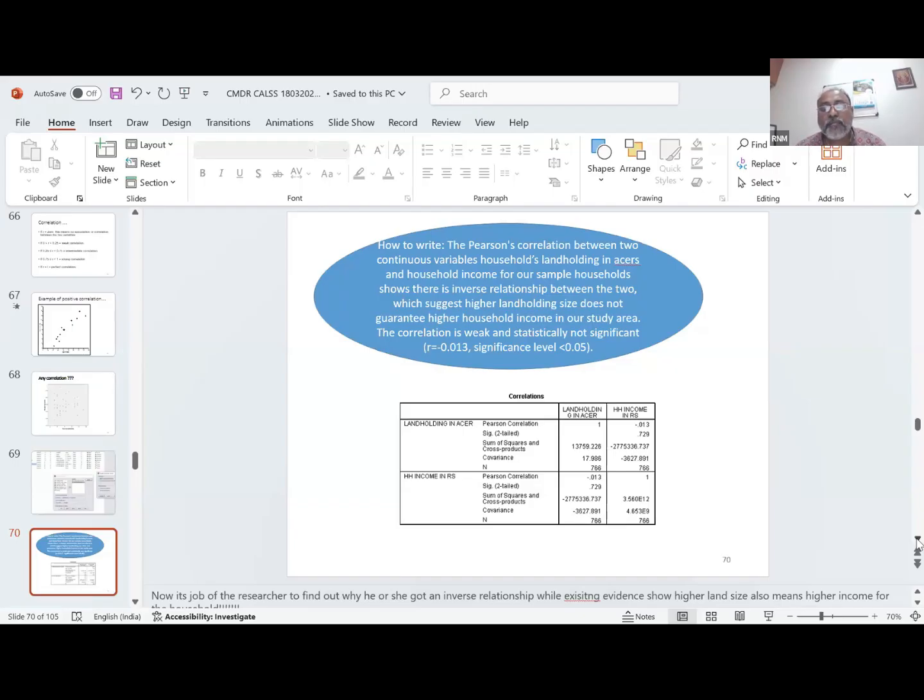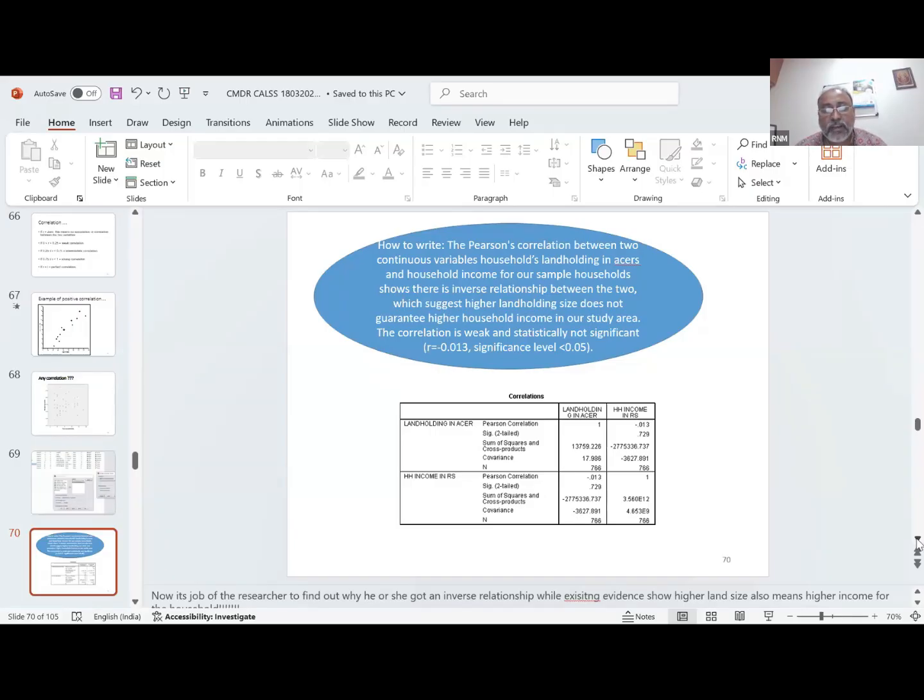Now here I am drawing a correlation between two continuous variables, landholding in acres and household income in rupees. There is a minus sign, which indicates ownership does not always guarantee higher income.